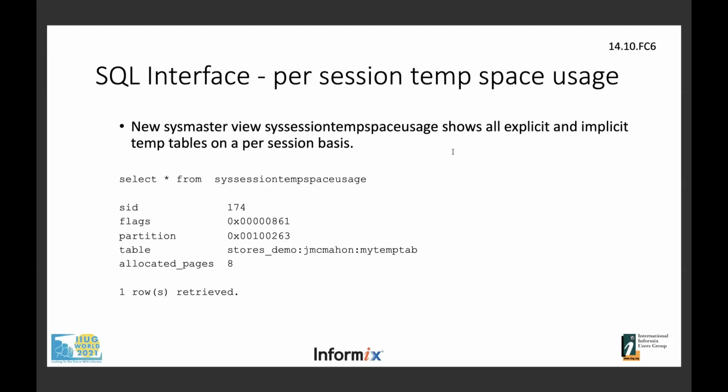Trying to think, anything that uses temp space will be shown here. So all explicit ones, which could be create temp table, insert into temp, or select into temp, or big elaborate queries that are creating system generated temp tables, those will also be reported there as well.